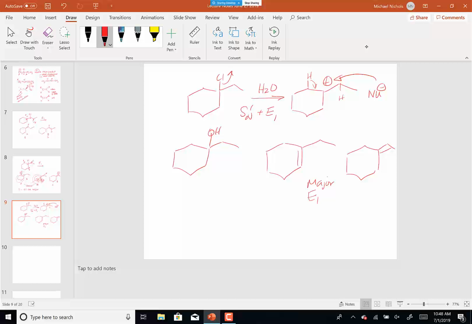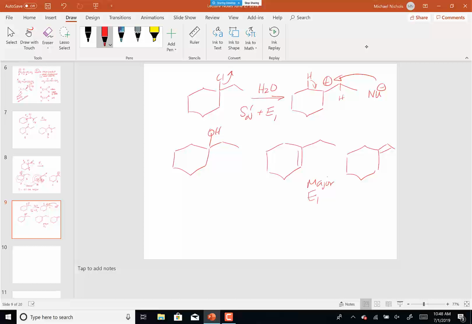When you're doing SN1, does the strength of the nucleophile matter? No? So you could say, well, in order to make the E1 happen more, I'll just use a crappier nucleophile. But then it's an SN1 mechanism, so the strength of the nucleophile doesn't matter.